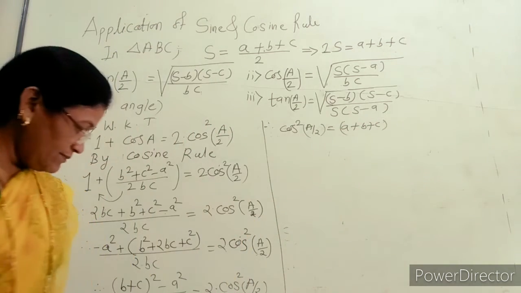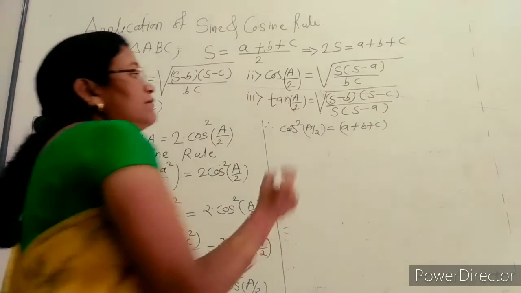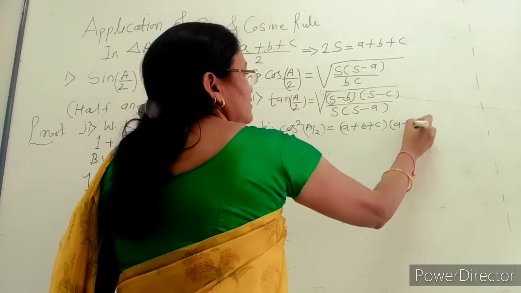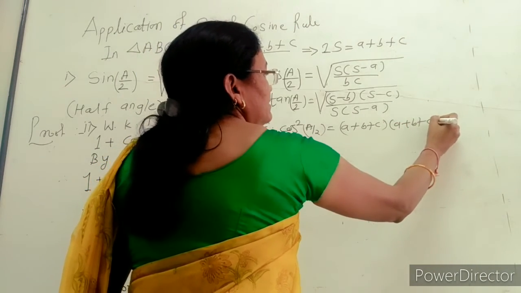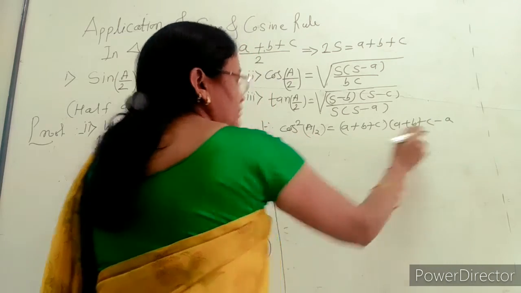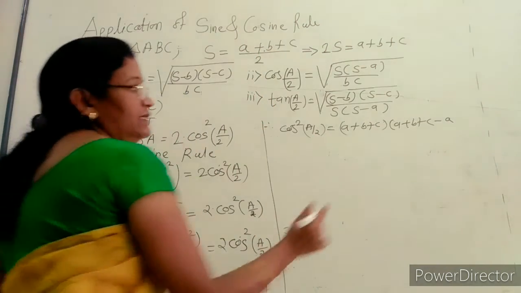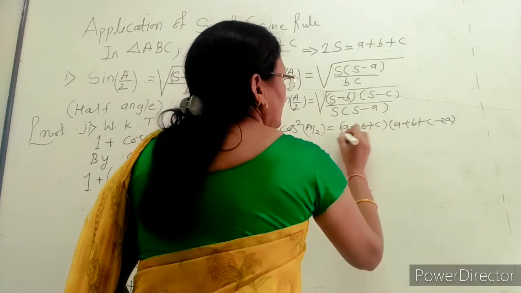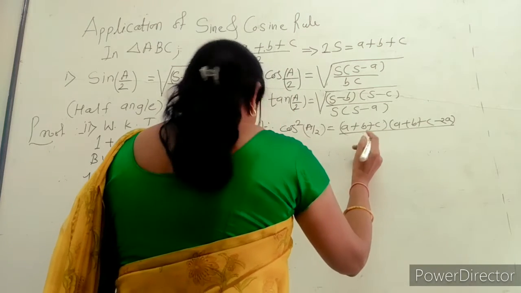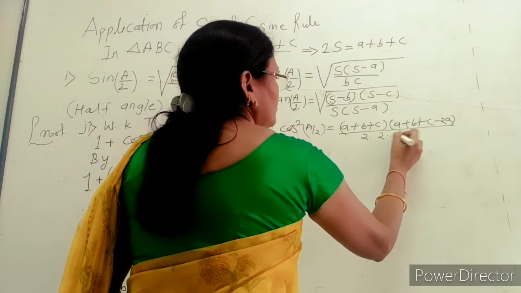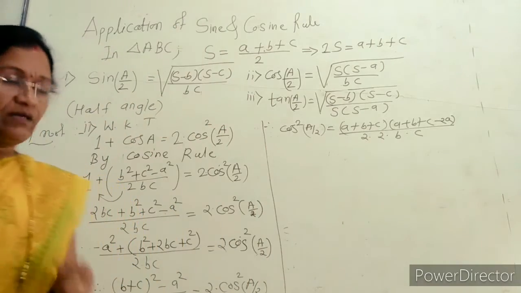For the second bracket, b plus c only, we can take minus a, for this case addition of a. This a can be cancelled out with subtraction of a, but one more minus a is present, so we take minus, and the whole divided by 2bc.